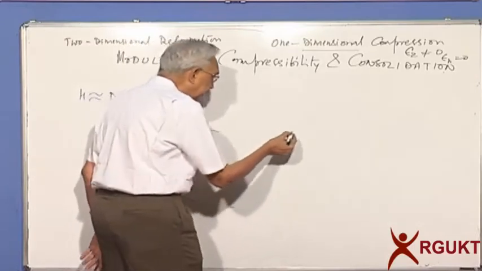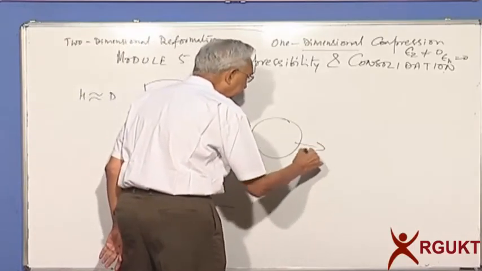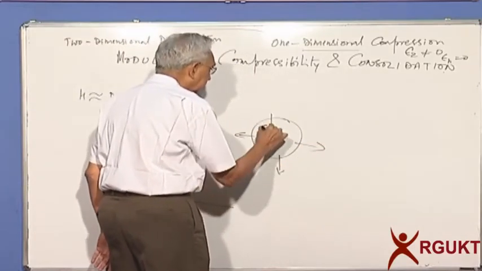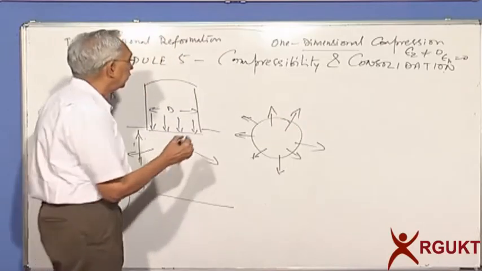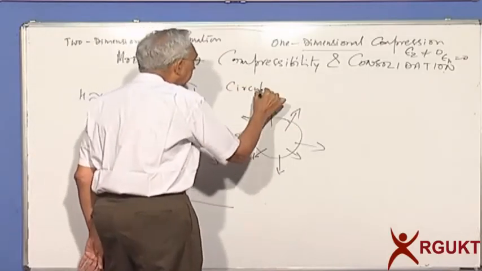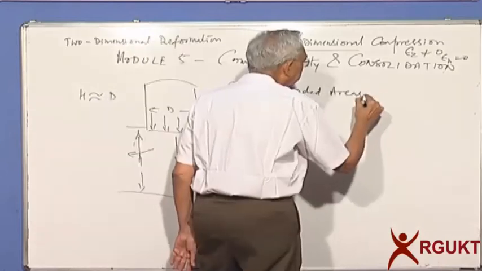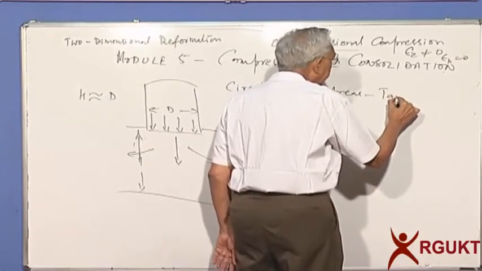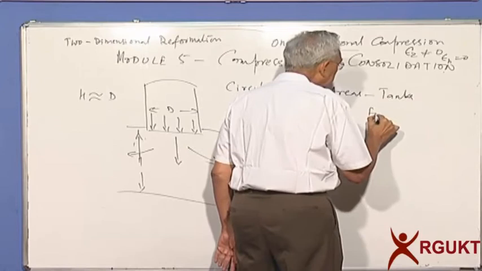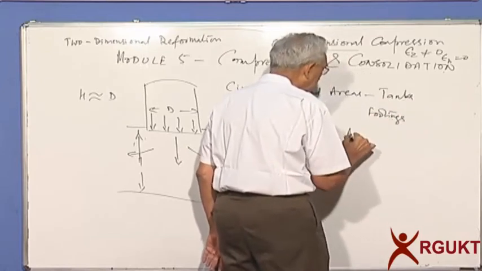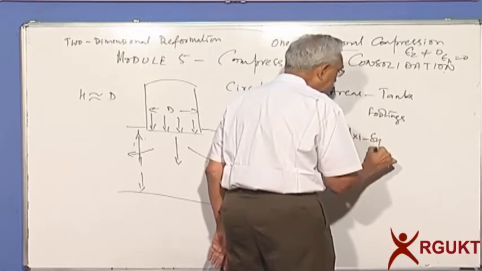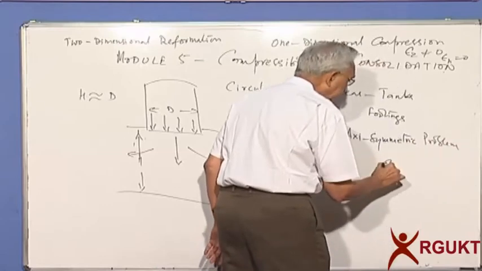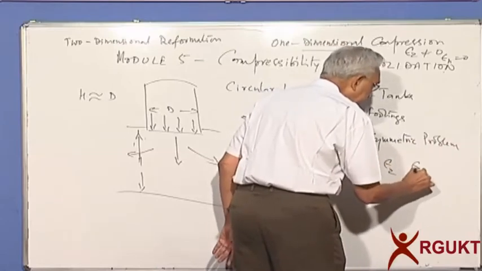So when I'm looking at the plan, the deformations can be in all directions. These are called circular loaded areas. Now it can be liquid storage tanks, even footings, etc. They are called axisymmetric problems. You will have vertical strain and radial strain.